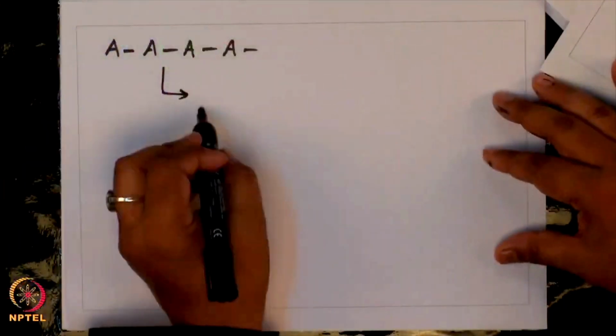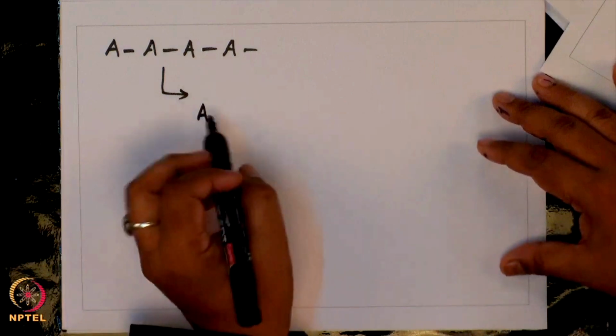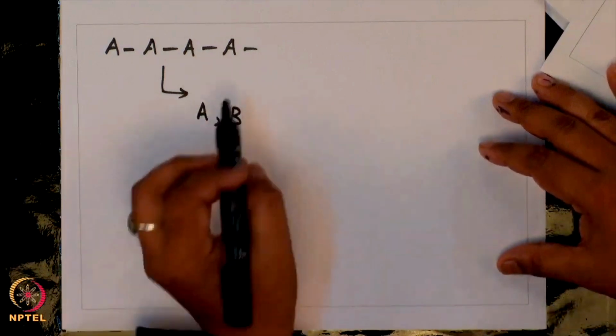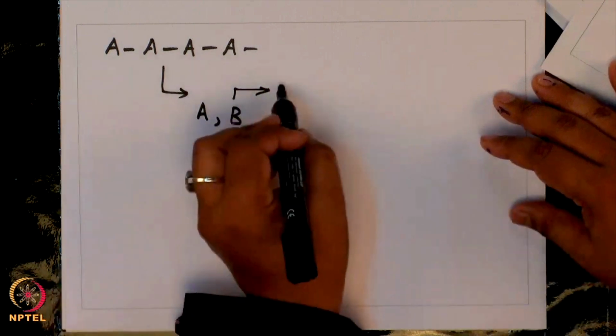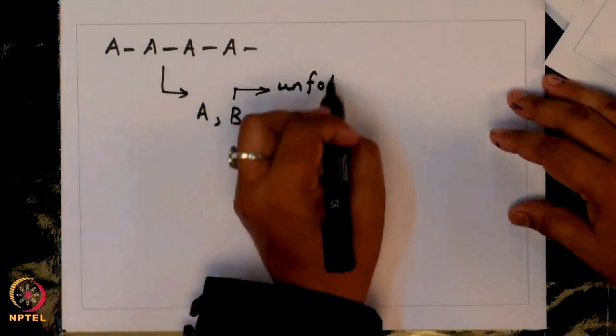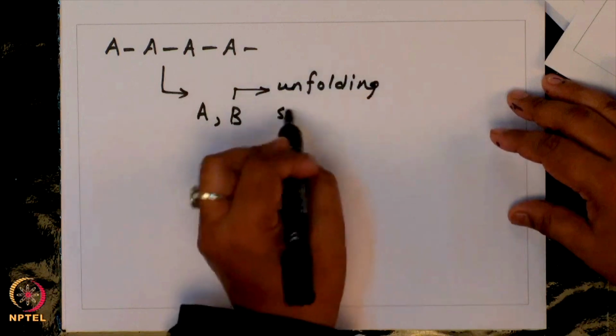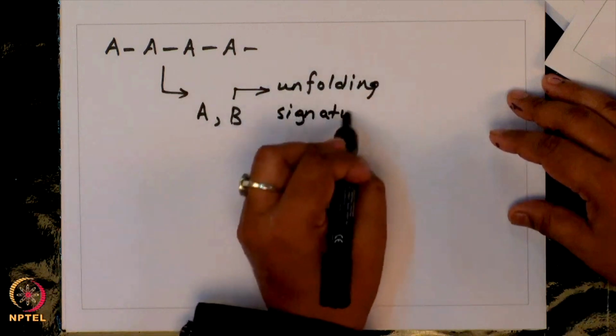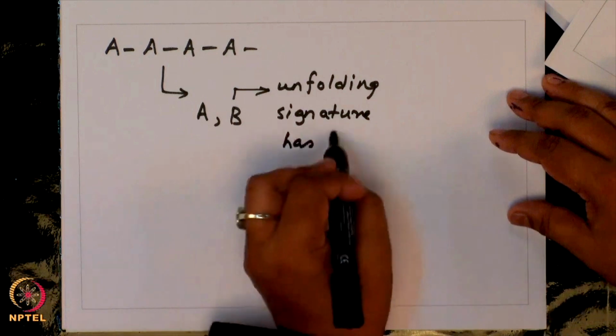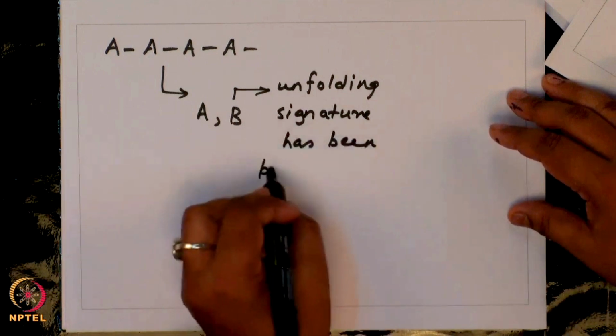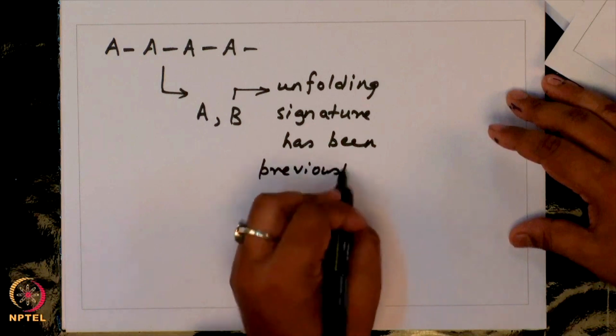Okay. So, what is typically done to get around it, but you know that your protein is folding stably as per other experiments. So, what you do here is instead of just having a polyprotein like A, you make a polyprotein with A and B, 2 components, where B is a component whose unfolding signature has been previously established.